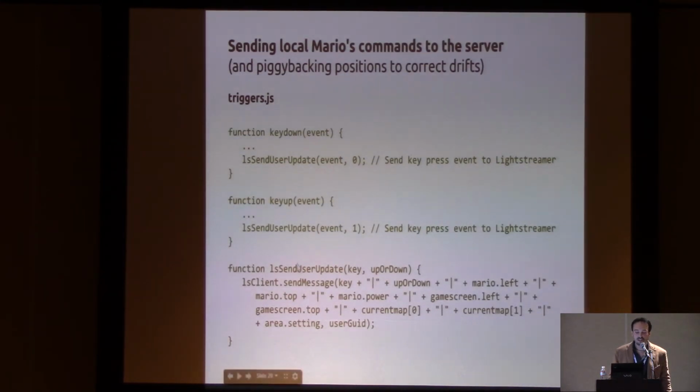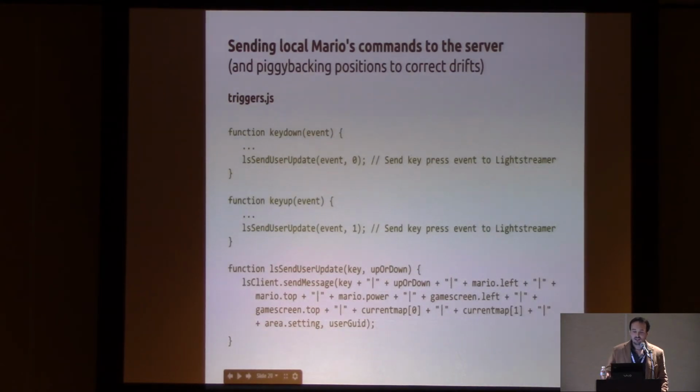We just use our library to send a message, which is made up of the key that was pressed, up or down, and the current position of this Mario, so that all the other Marios receive the positions of each one and are able to correct the predictions that they made based on the commands they received. So this is the loop that sends the commands.